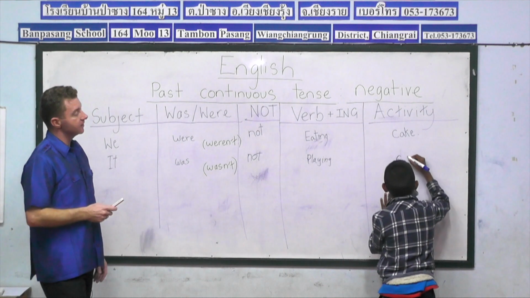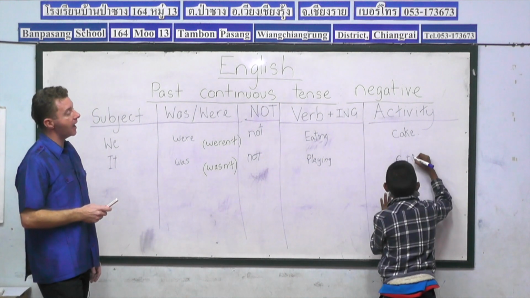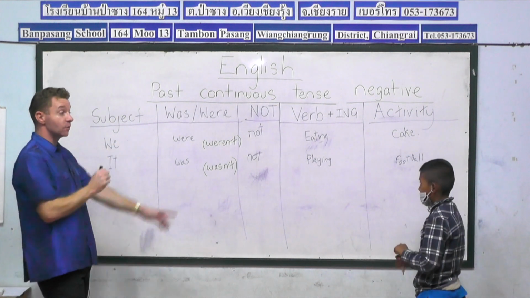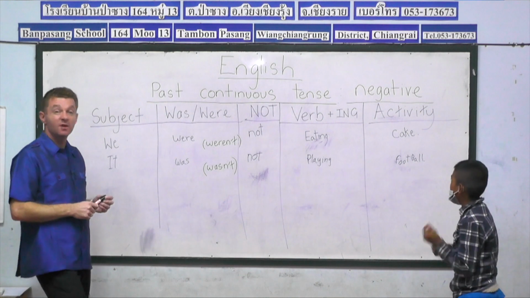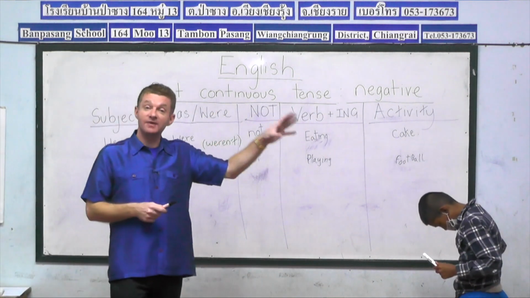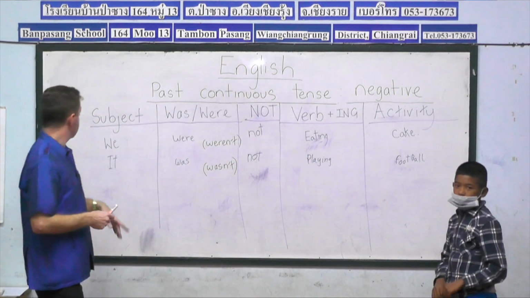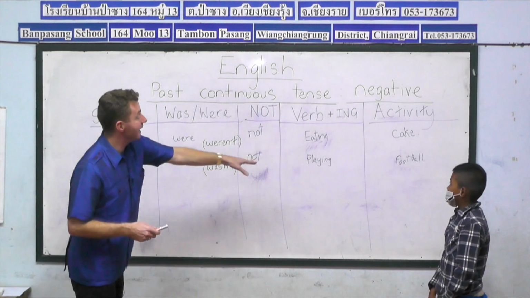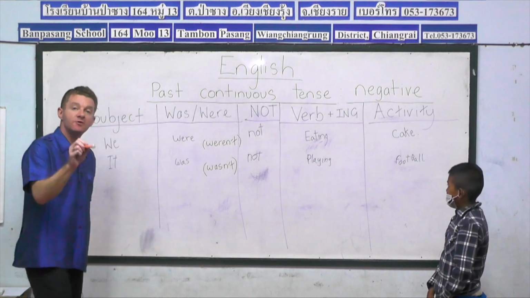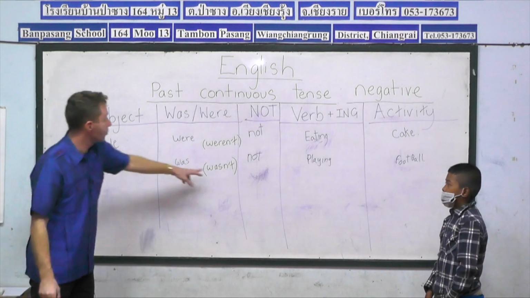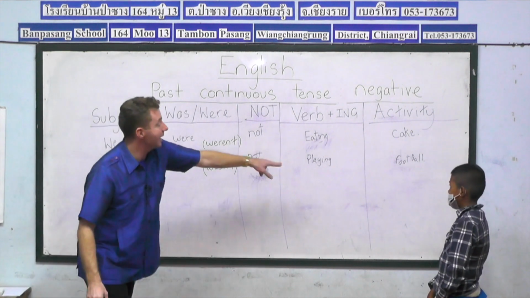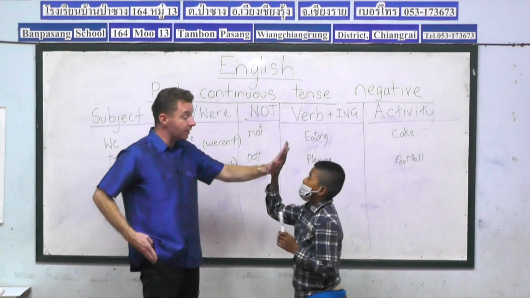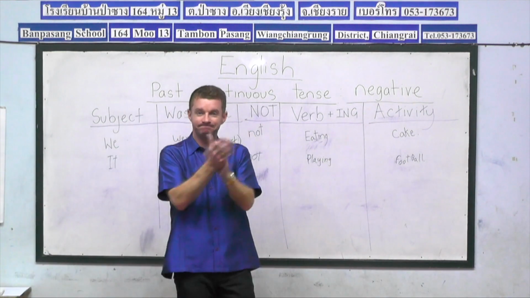F-O-O-T-B-A-L-L. Excellent. And then at the end of your sentence, what do you need? Full stop. So you see, Pat has now constructed his negative sentence. It was not playing football. Or if we want to use the contraction, it wasn't playing football. Pat, that was brilliant. High five and a big round of applause for Pat, please, guys.